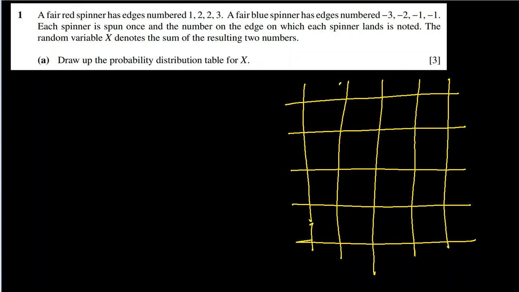Its outcomes are 1, 2, 2, and 3. The outcomes of the blue spinner are -3, -2, -1, and -1. Now, the actual outcome is the sum of the 2 outcomes, and this will be our playground. We will get our probabilities from here. So 1 plus -3 is -2, 1 minus 2 is -1.